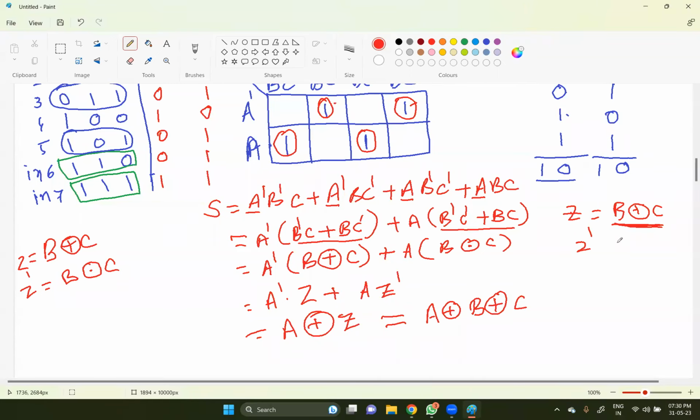So this will be equal to B exclusive NOR C here, and you have to substitute the value of Z here, because A exclusive OR Z is the outcome. Z value is this one. So therefore, you get the particular value something like this.